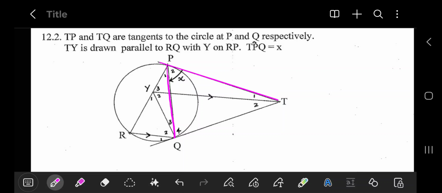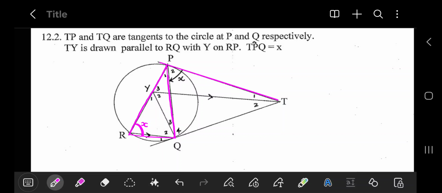And remember how tan chord works? Tan chord says the angle between a tangent and a chord at its point of contact is equal to the angle subtended by the chord on the circumference of the circle. So if we want to know which other angle is equal to X, all we do is we follow the chord and we see what angle the chord creates on the circumference.